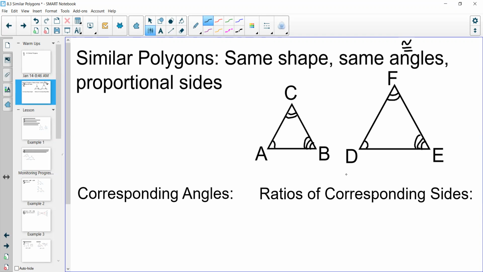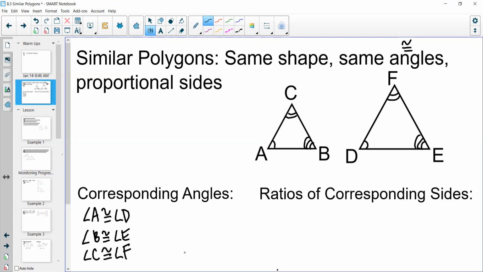So if A corresponds to D, then angle A needs to be congruent to angle D. Angle B needs to be congruent to angle E, and angle C needs to be congruent to angle F, right? So by knowing those things, that's one thing that's in common about these similar polygons.